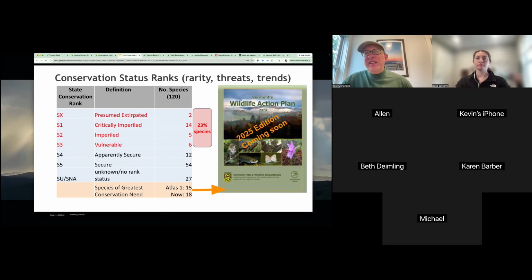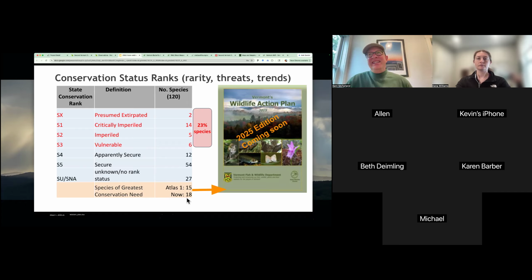And then every 10 years, the state has to do a wildlife action plan in order to get funding to help do conservation for non-game species. In 2025, we just finished the report. All of your data went into this report. A lot of Vermont Atlas of Life data went into it. In the first atlas, we had 15 species of what are called species of greatest conservation need.